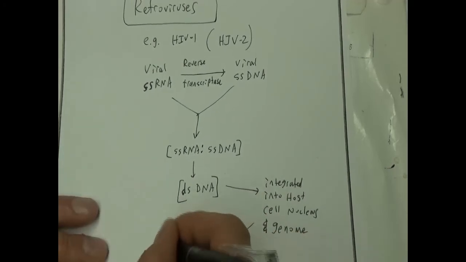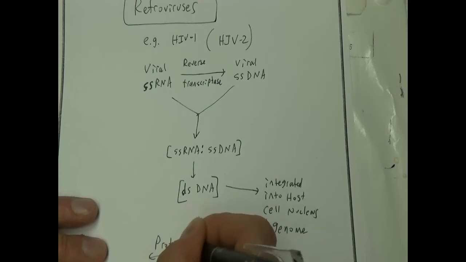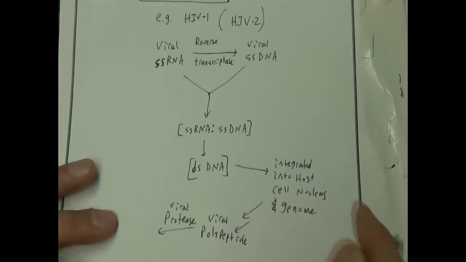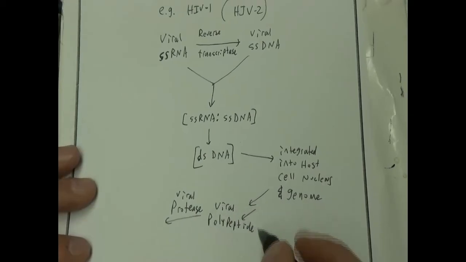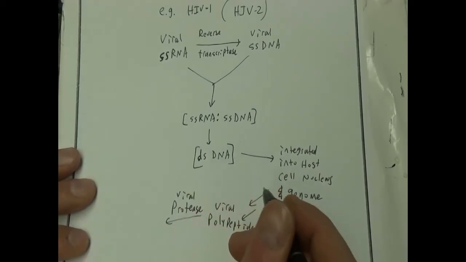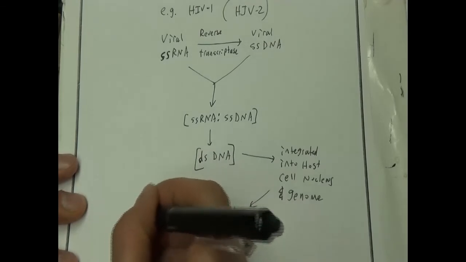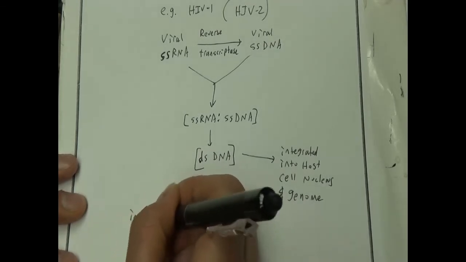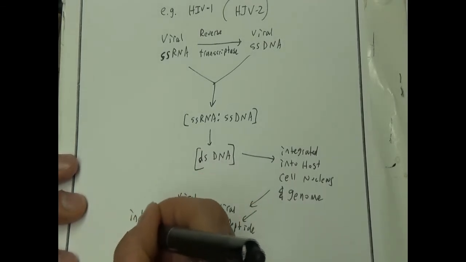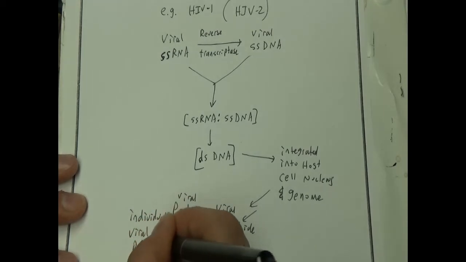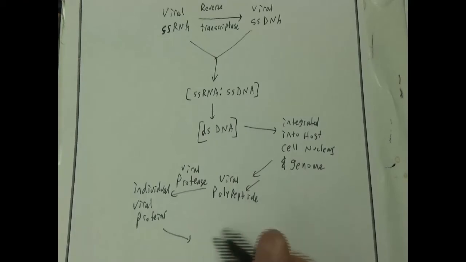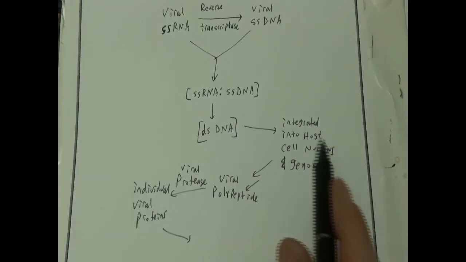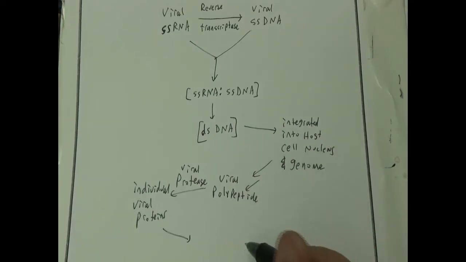Then you've got your viral proteases, the scissors that cut the viral polypeptide, and then you get your individual viral proteins. And then through replication of the virus and other effects, eventually you would get the disease AIDS.